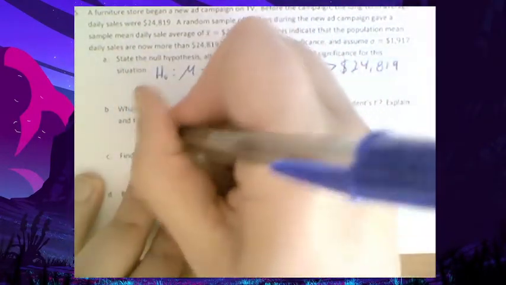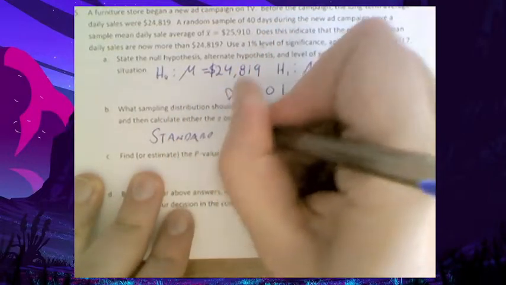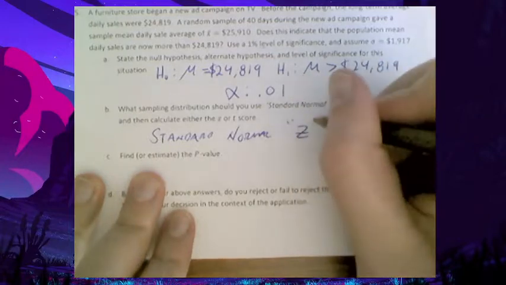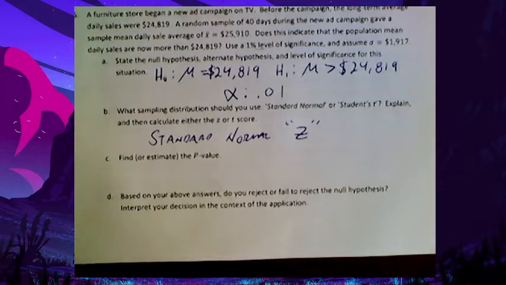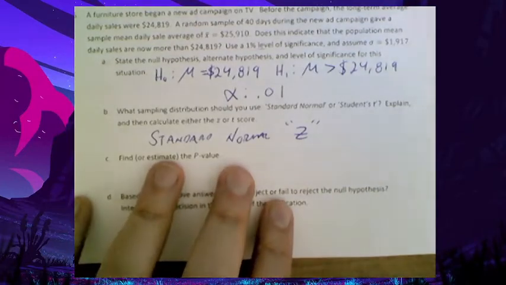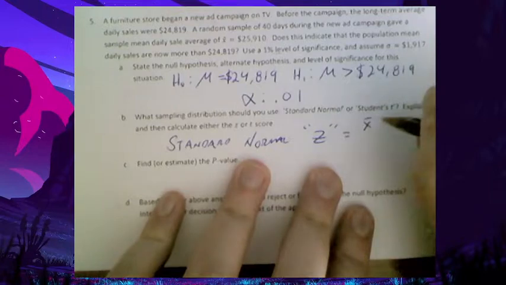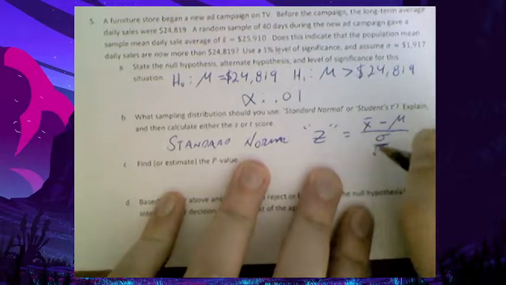But this is standard normal, which means I'm going to be using a z for that one. Right? And then we need to calculate what the z is. So there's where we need to do a little bit of math here. Our equation for that is x bar minus mu over sigma divided by rad n.